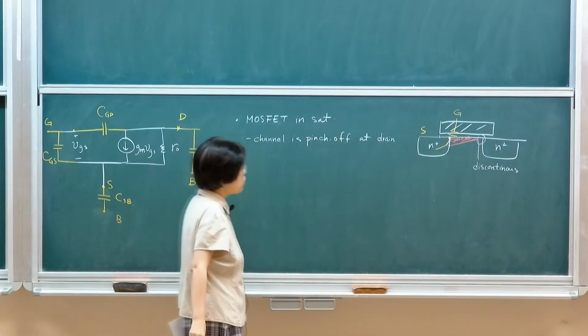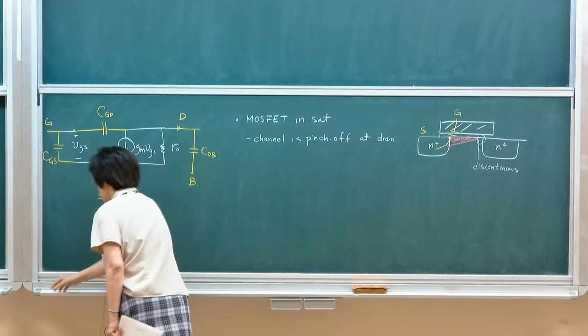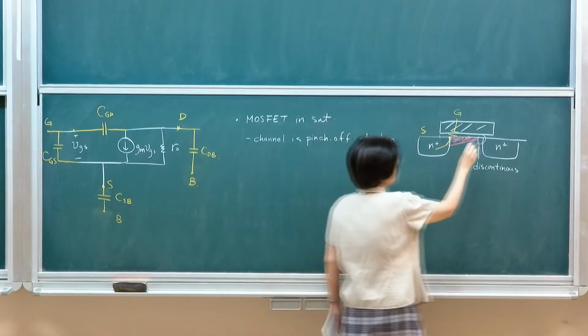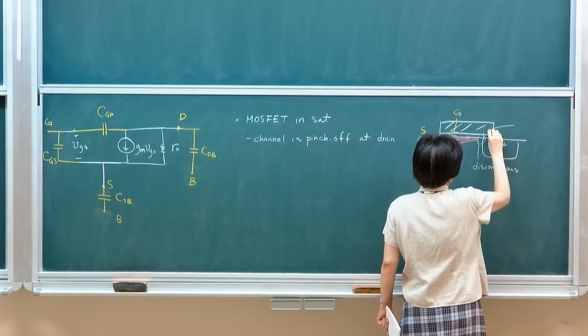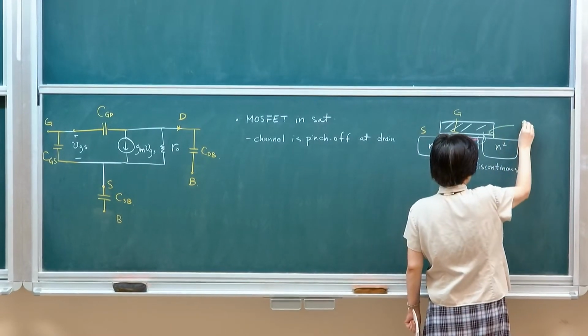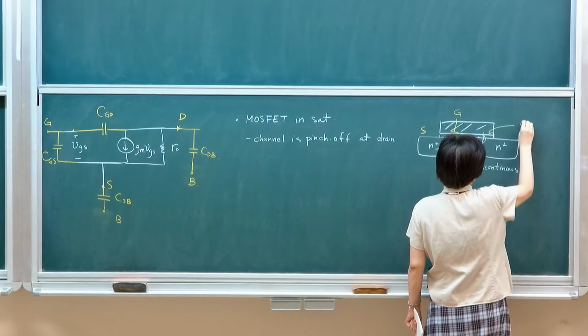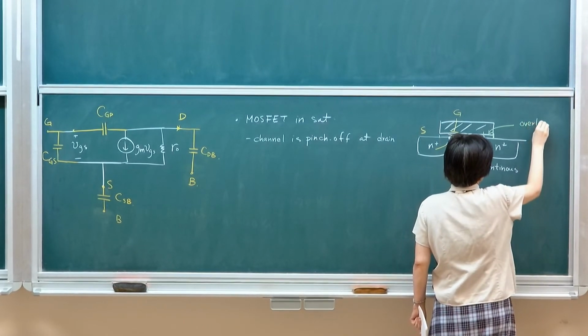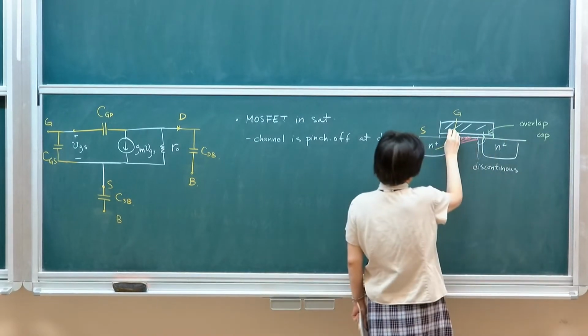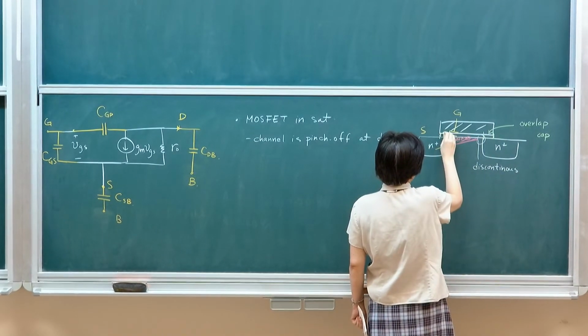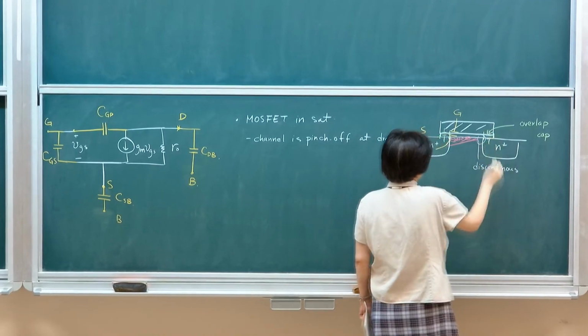So basically, there's only one component that will contribute to CGD. To think about it, you only have this overlap area. This would then lead to what we call the overlap capacitance. And of course, overlap capacitance will happen on both sides. So there will be another overlap cap on the other side.